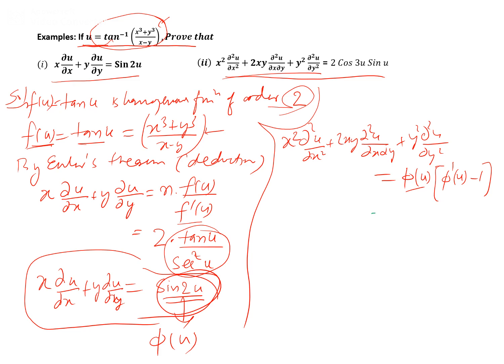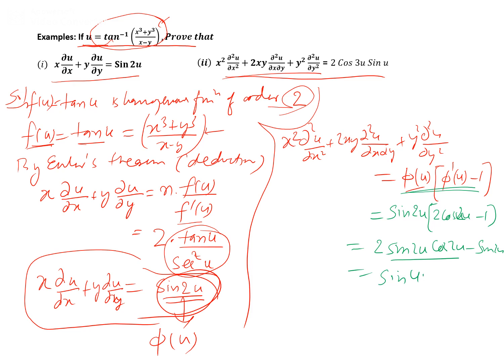So we just put it on the right hand side, and we get sine 2u, and the derivative of sine 2u is 2 cos 2u, times cos 2u minus 1. After multiplying, you get 2 sine 2u cos 2u minus sine 2u, and this becomes sine 4u minus sine 2u.